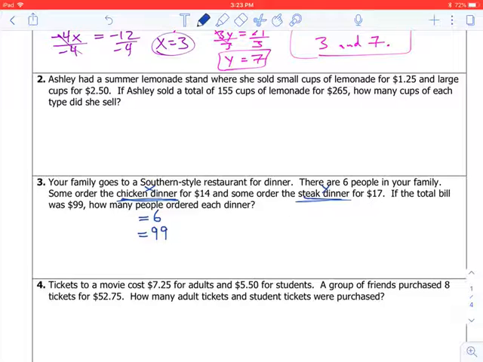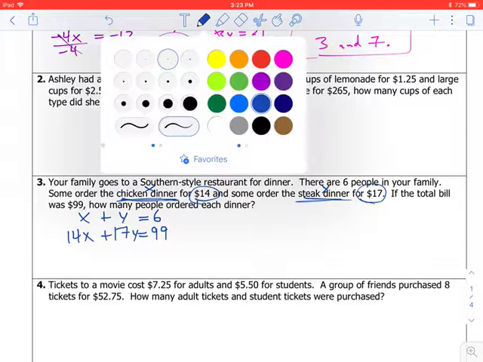So x and y, that's how many dinners you have. x plus y is going to give you how many dinners you have, while the money is going to tell you how much money you have. So money plus money equals money. The other one is just your total. Okay, so 14x plus 17y equals your total.